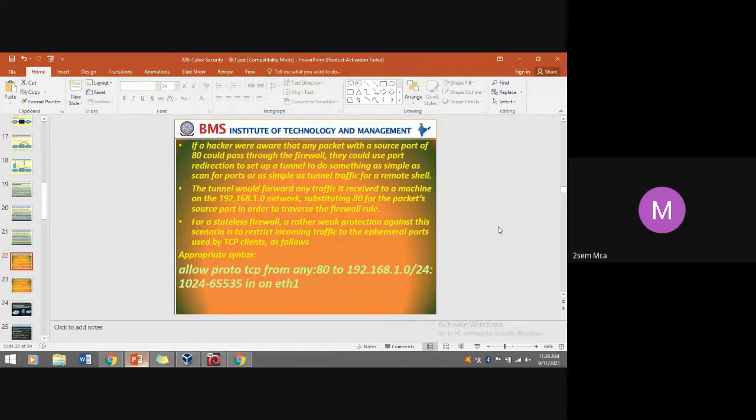Fine. Now, if a hacker were aware that any packet with a source port of 80 could pass through the firewall, if that port is always open, how does the hacker come to know?